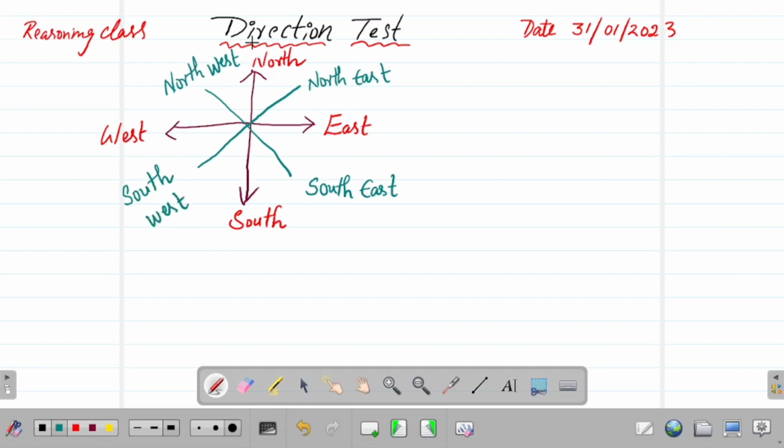Am I clear? So here, how many directions are completed in total? Total 8 directions. What are those?